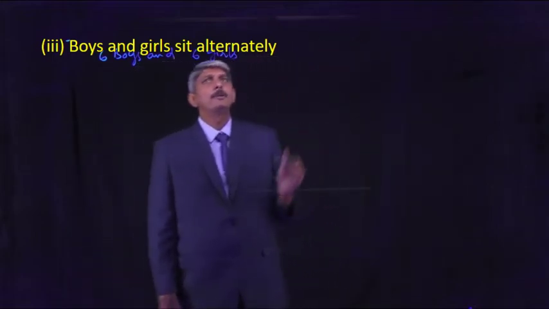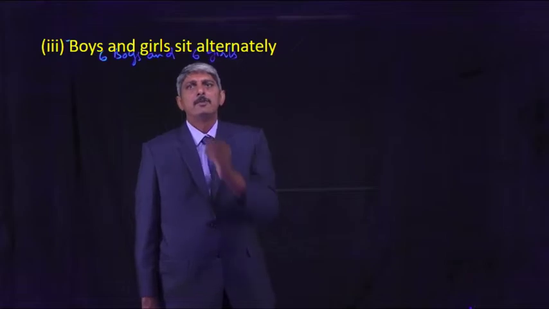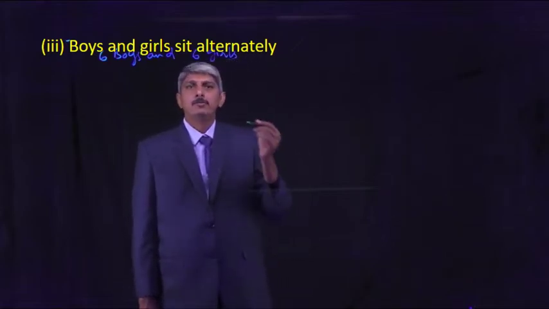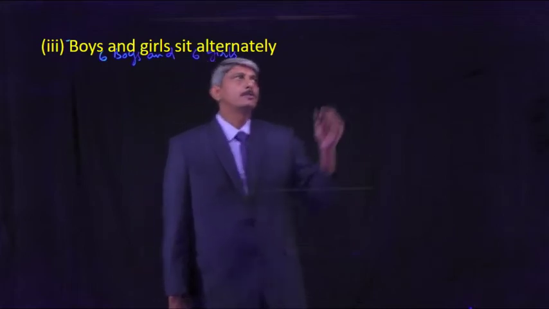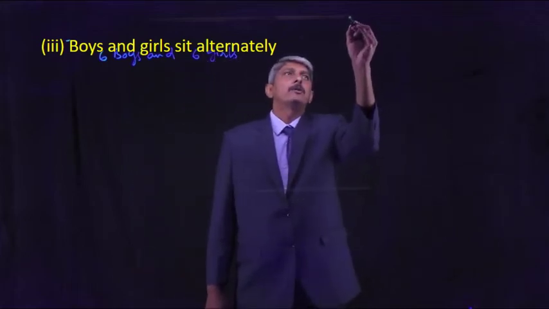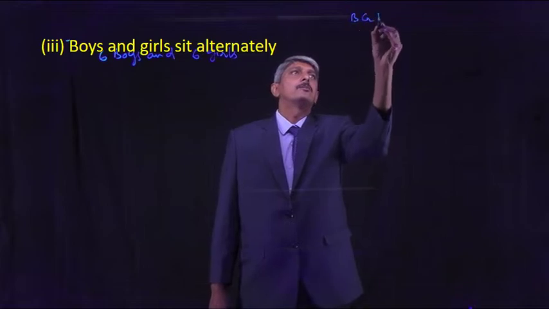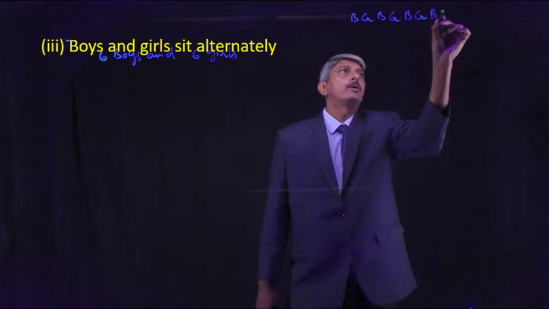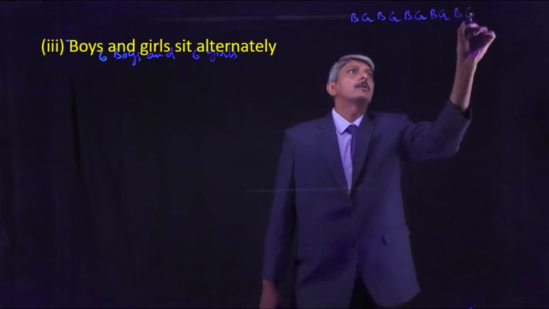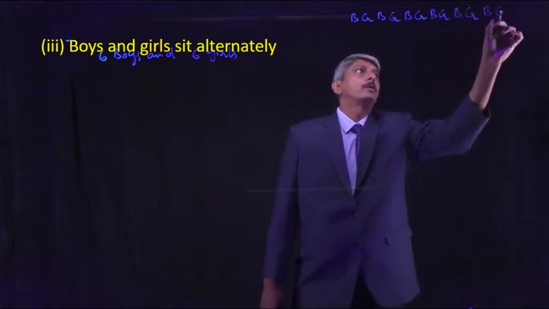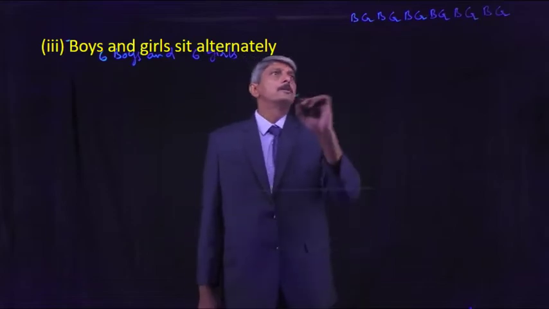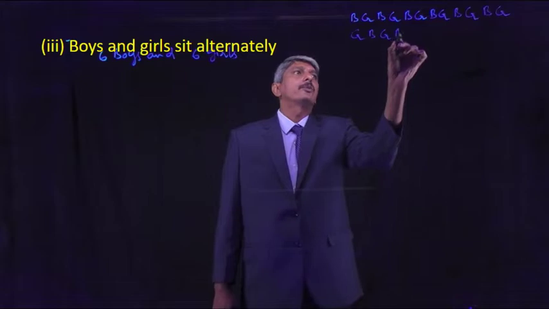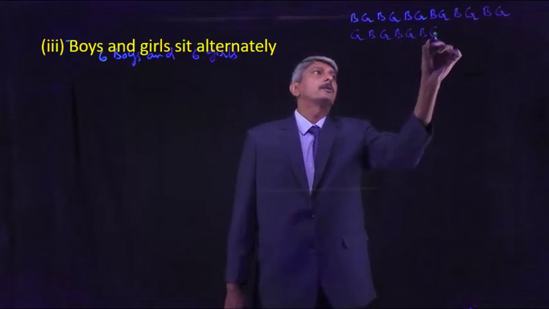So, in the linear permutations, by considering 12 places, the row may begin with either a boy or a girl. Suppose your row begins with boy, girl, boy, girl, and so on, or the row starts with girl, boy, girl, boy, and so on.